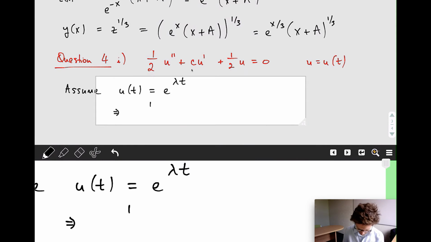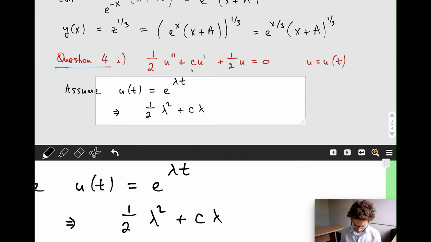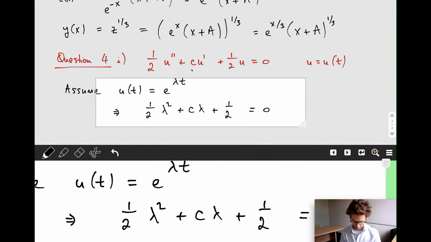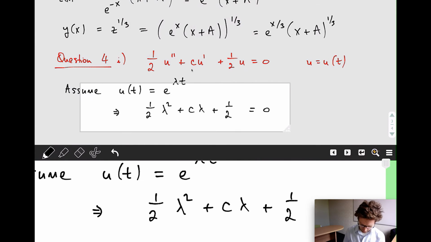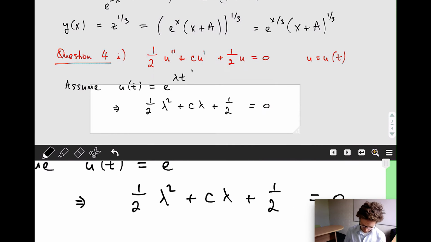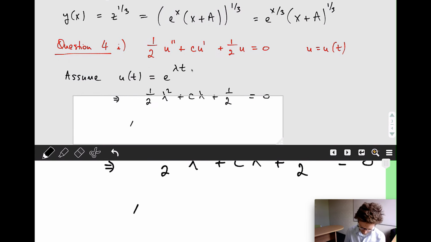So my differential equation becomes a quadratic equation, an algebraic equation. We're going to solve that for lambda. We're going to look at the different possible solutions we can get for lambda. So let's multiply up by 2 to get this quadratic equation in slightly neater form.